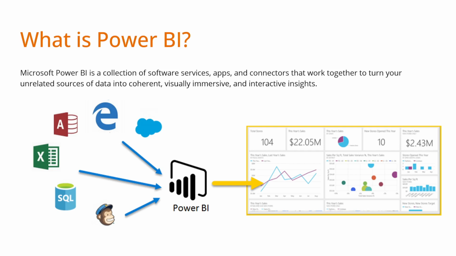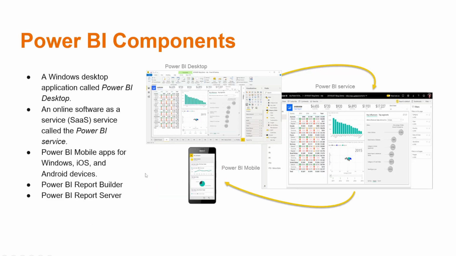Okay, so first let us concentrate on what are these collection of software services, apps, and connectors they are talking about. Basically, these are the tools or components which Power BI gives us so that we can generate our visualizations. So let us see about them in detail now. These are the online services or components which we were discussing in the previous slide.